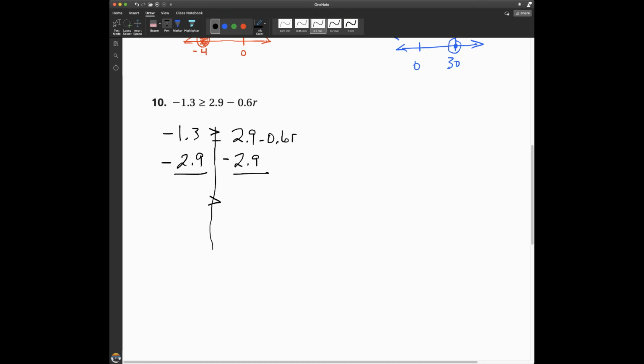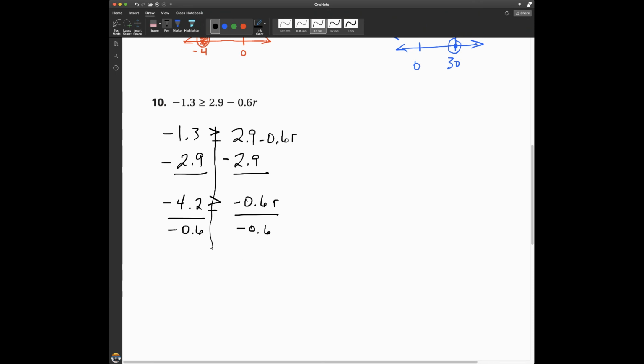And then on the right-hand side, I will have negative 0.6 times r. And on the left-hand side, I will have negative 4.2. All right, let's divide both sides by negative 0.6.